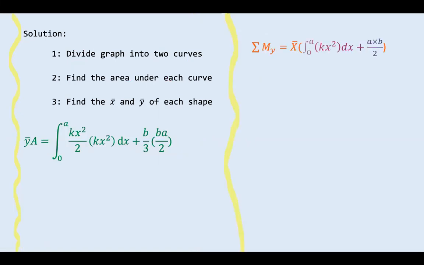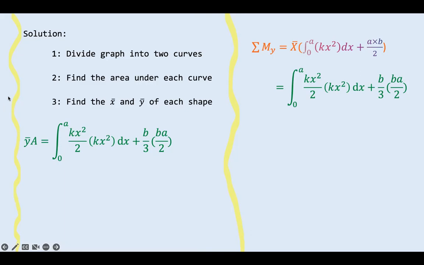Next, we have the sum of the moments about y is equal to the x centroid times the integral from 0 to a of kx squared dx plus a times b over 2, which is in turn equal to the integral from 0 to a of kx squared over 2 times kx squared dx plus b over 3 times ba over 2.